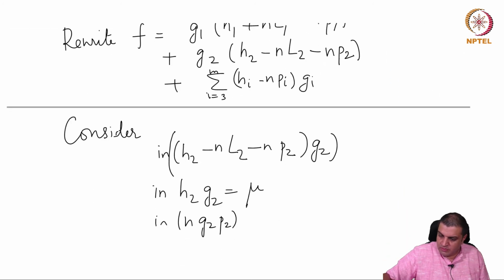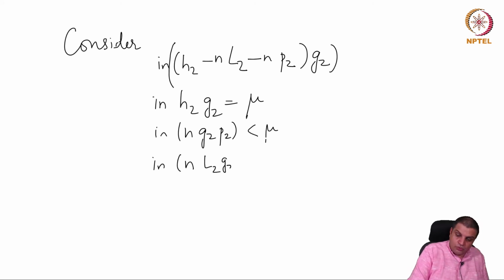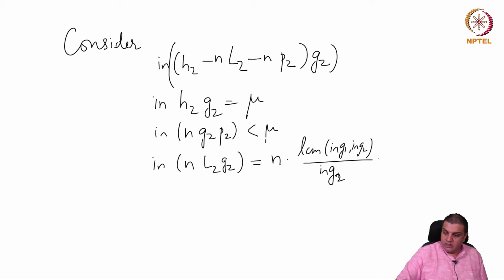It was right. So this is less than mu. And the important point is in of n L2 G2. This is n times the LCM of in G1 and in G2 divided by in G2, times the initial term of G2.